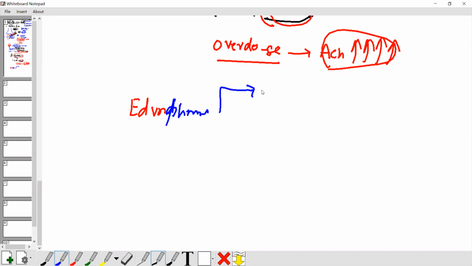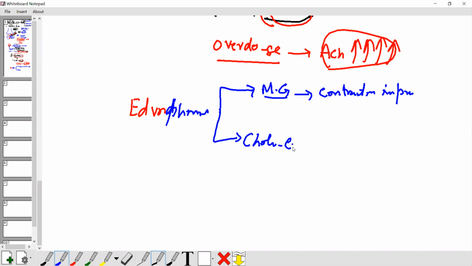If a patient with myasthenia gravis is given Hydrophonium, the muscle contraction improves. The patient responds to Hydrophonium. If the patient suffers from cholinergic crisis, can muscle contraction improve with Hydrophonium? Of course not.